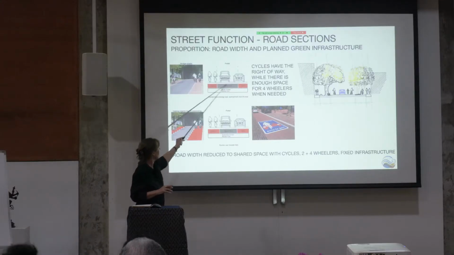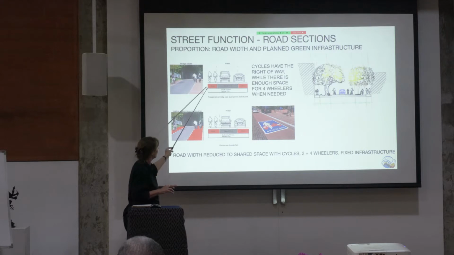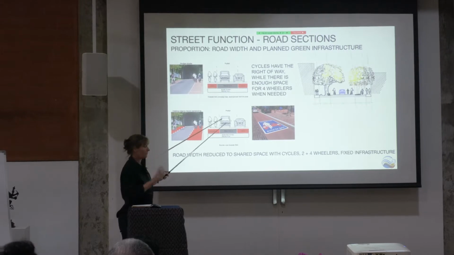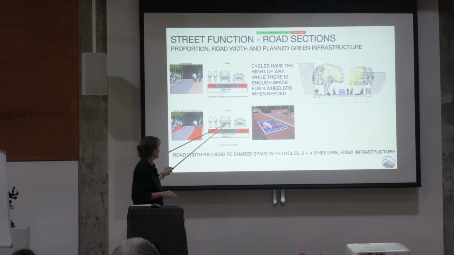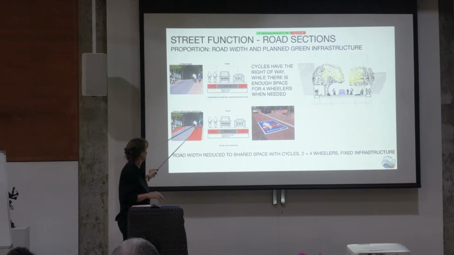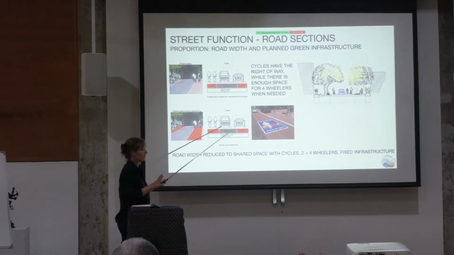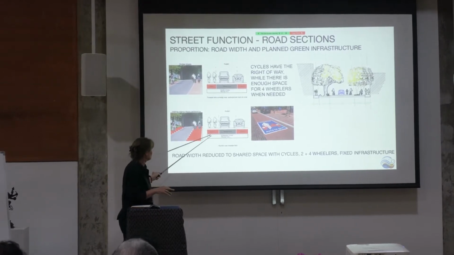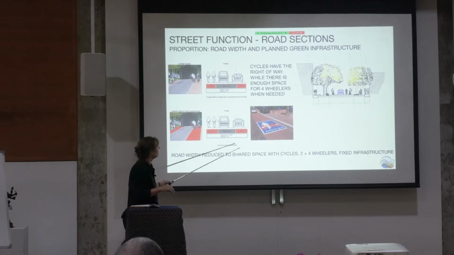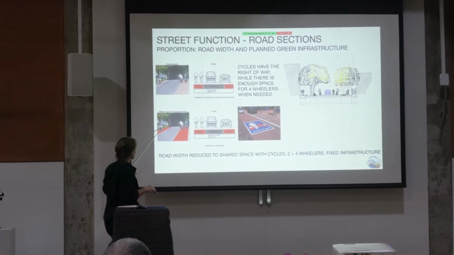this is basically a 7-meter wide stretch for cyclists. Here they felt it was a bit narrow, so they widened it. They reduced the part for vehicles and increased the cycle paths on both sides so that two cyclists could comfortably cycle beside each other, which comes to a road of 7 meters. This whole thing is 7 meters.